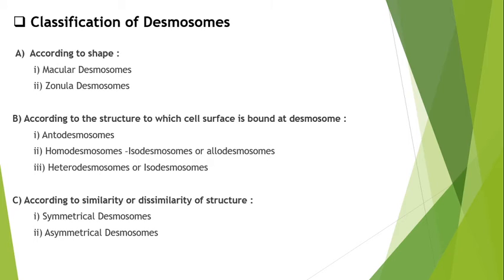For example, nerve cells and epithelial cells: binding one cell to another of a different cell type is allodesmosomes. It's the opposite. Allodesmosomes, different cell type. Isodesmosomes, similar cell type and same area of the cell.